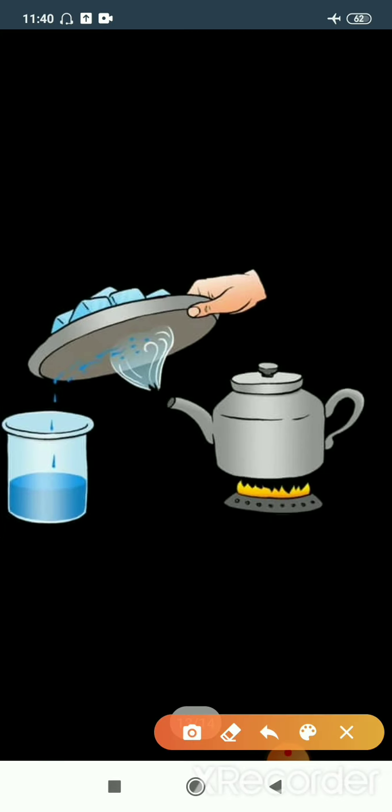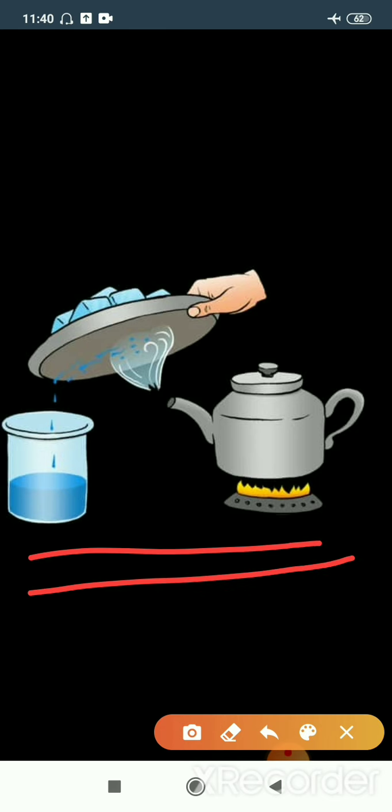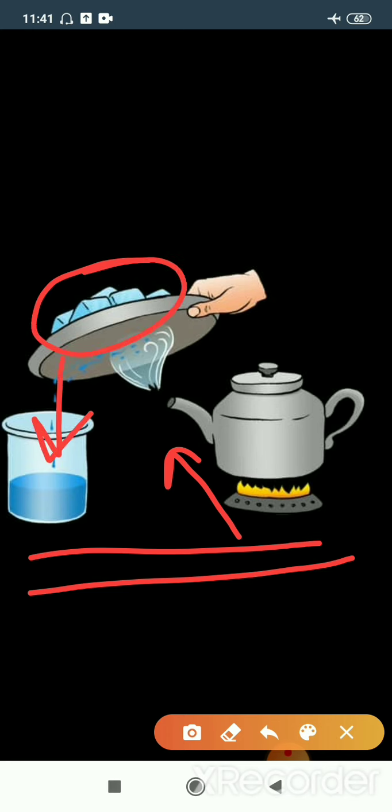This type of separation I have already explained to you in part 1. Here the methods of evaporation, condensation and transpiration are used. In standard 3rd and 4th you learned about how rain comes.